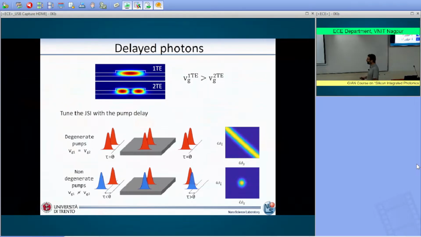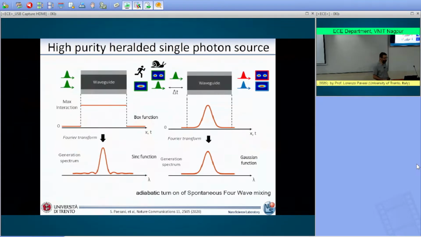And now what we can do is that if we delay one of the two photons in the pump pair, we can design the situation in such a way that we get a maximum overlap inside the waveguide. And therefore, we can use this technique. We slow down the fundamental pump photon in such a way that the spatial overlap between the two photons is slowly increasing within the waveguide, due to the fact that this photon here has a lower speed, and so it takes more time to reach the center of the waveguide.